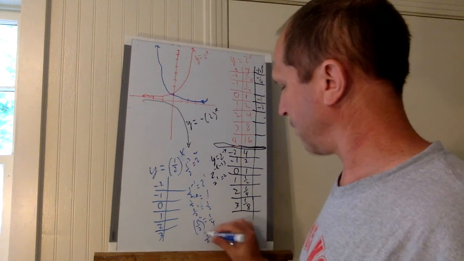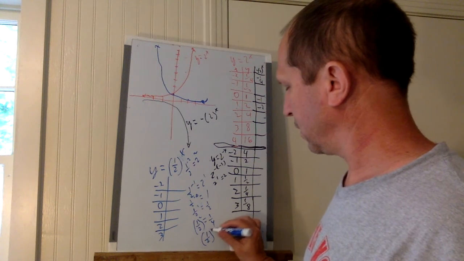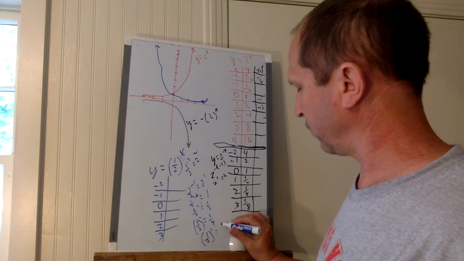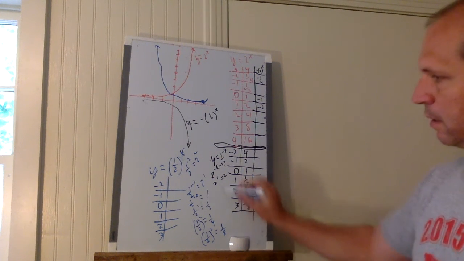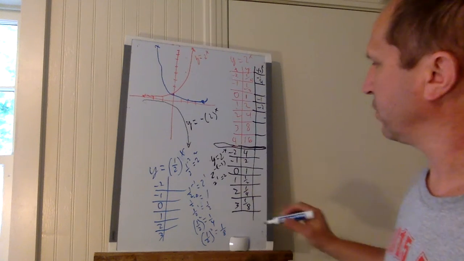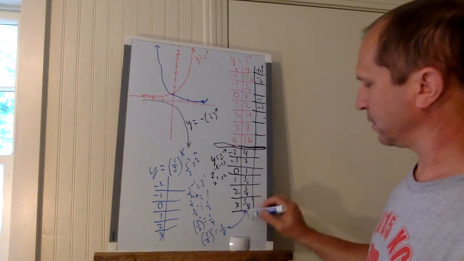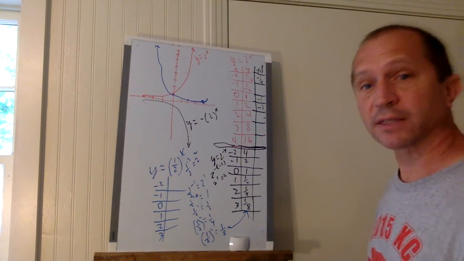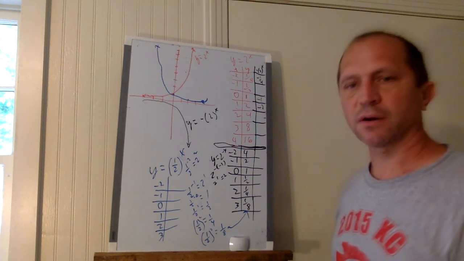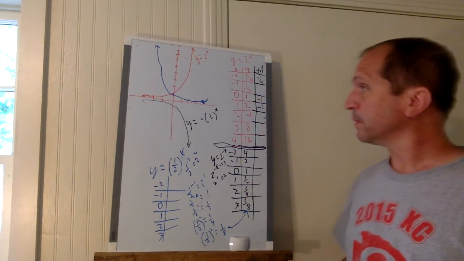And then 1/2 to the third is 1 to the third over 2 to the third, which is 1/8. So what we see here is that 1/2 to the x yields the same results as y equals 2 to the negative x. So both of those equations are the same.